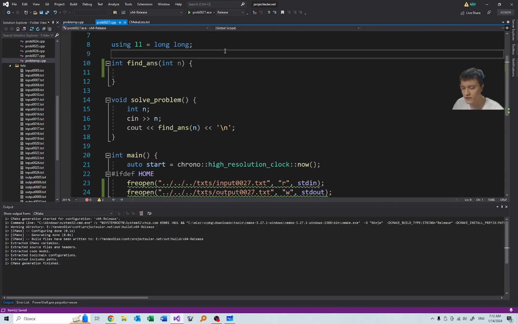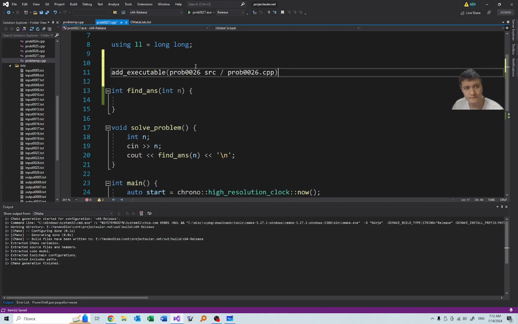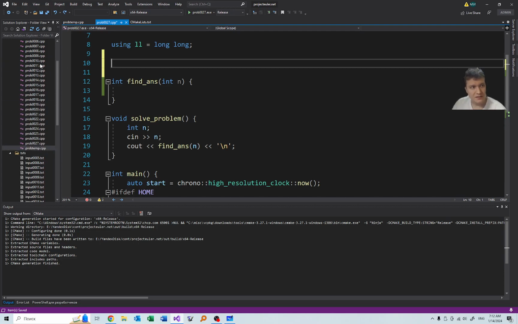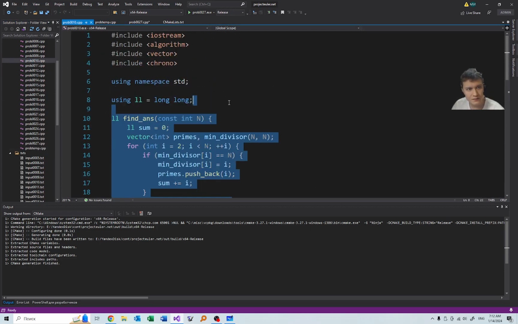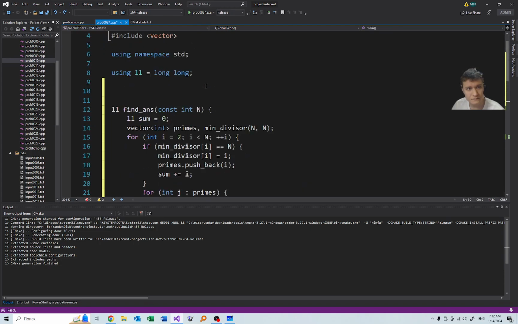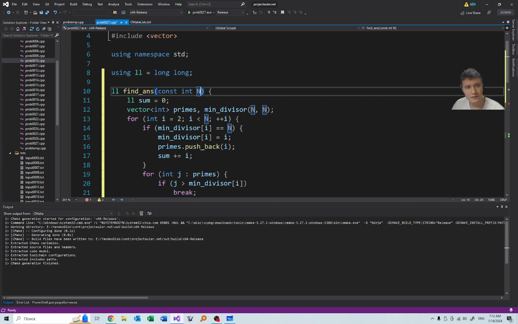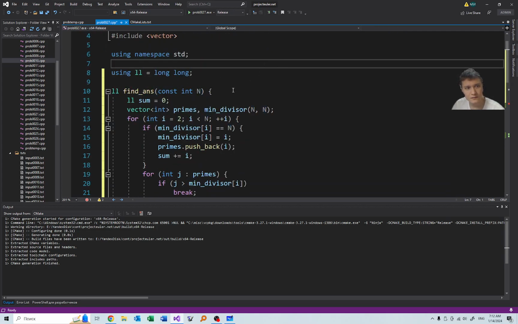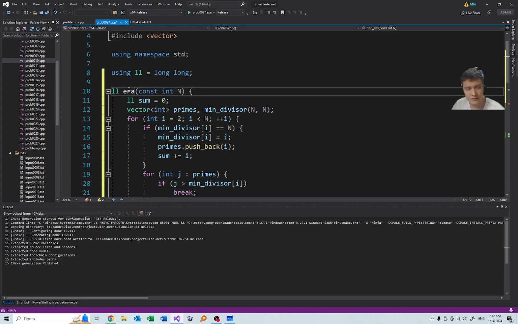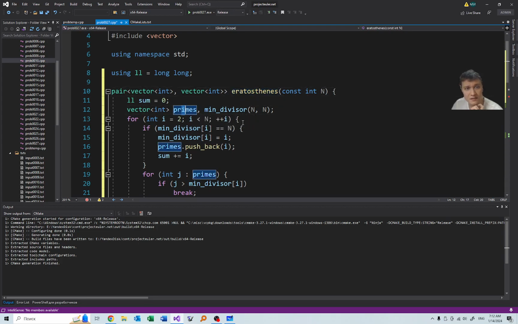Okay, first of all, we need to find all primes. So let's take 10th file, copy this. Eratosthenes. And it will return a pair of vector ints. How does it work? So we will return primes and min divisor.